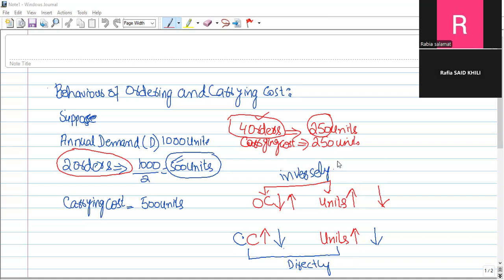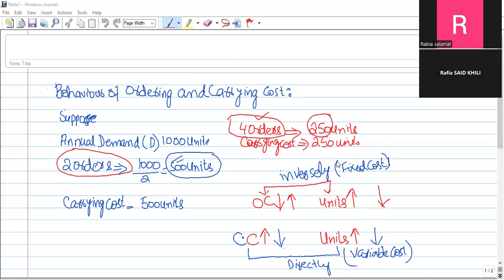If we discuss our fixed cost, fixed cost behaves like this: if units increase, cost decreases, and our variable cost behaves directly. We can't say this is your fixed cost or this is your variable cost.